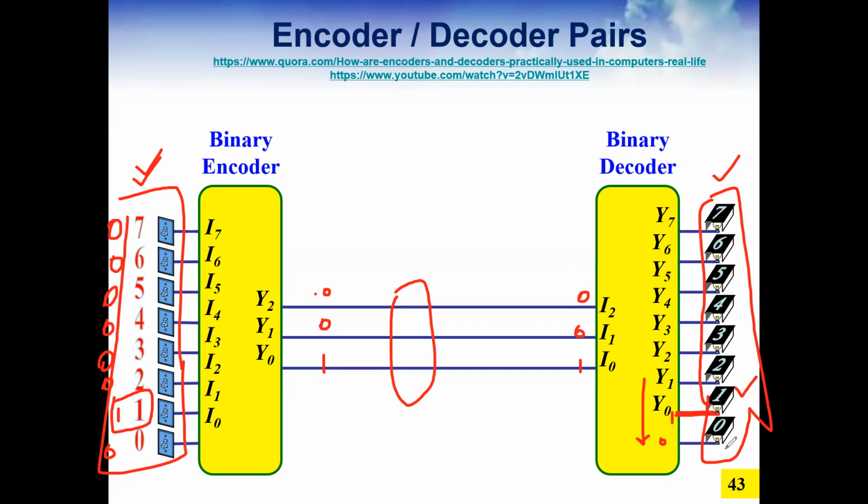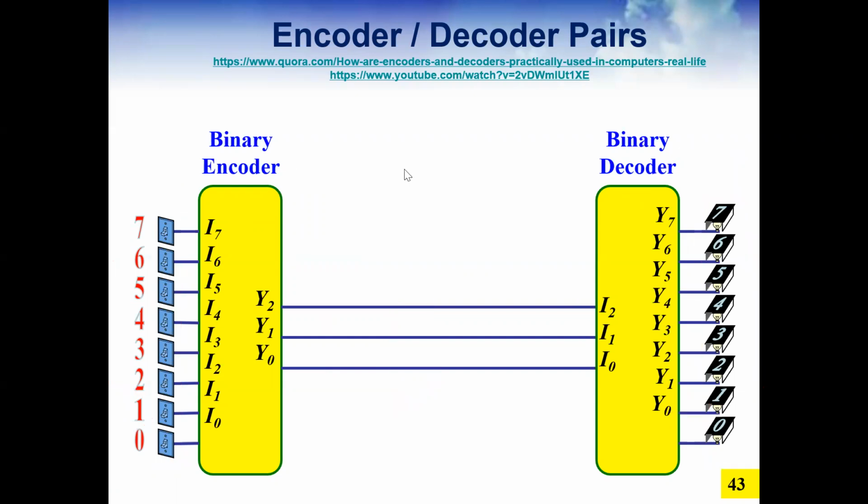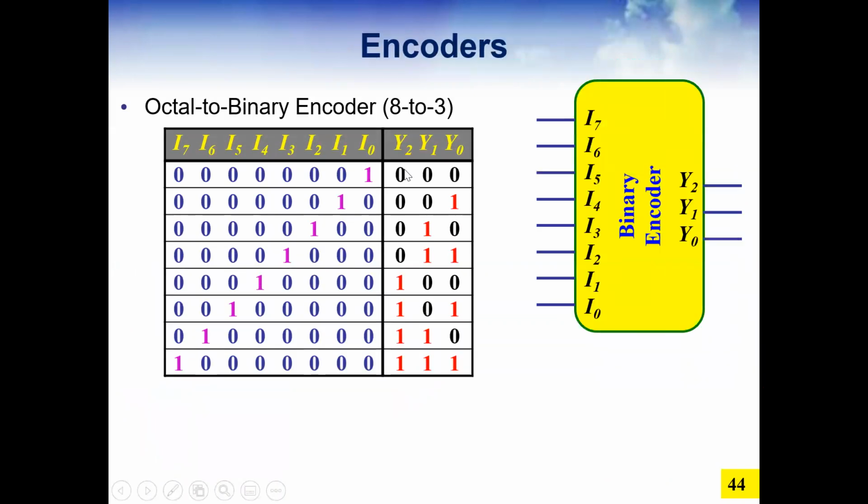This is one of the applications of the encoder and decoder: they are used together as a pair. We use the encoder at the transmitter side and the decoder at the receiver side.